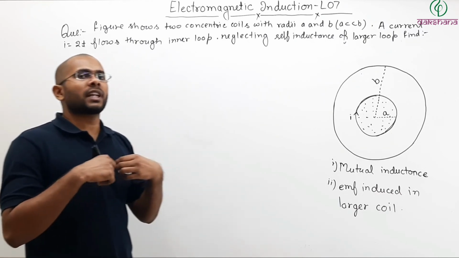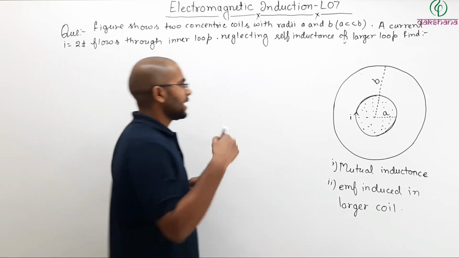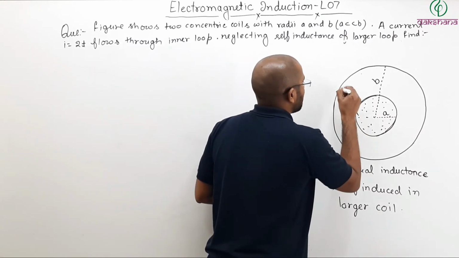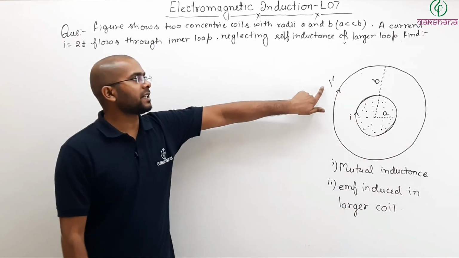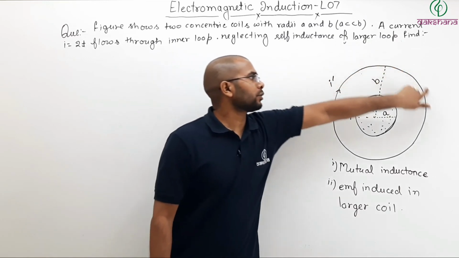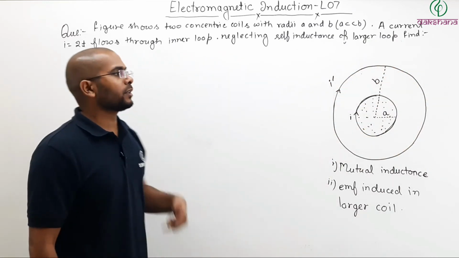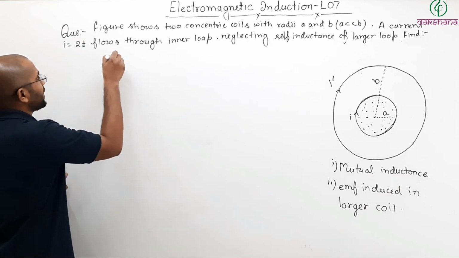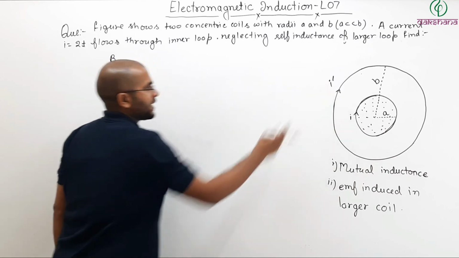So in order to calculate mutual inductance, let us assume that a current I dash is flowing through the bigger loop. Now if the current I dash is flowing through the bigger loop, what can be written for the field at this center due to this I dash?